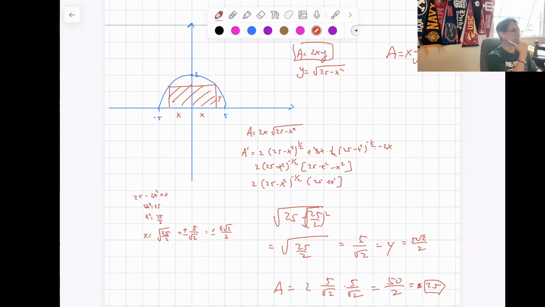Ideally, this 2 right here doesn't really matter. You can divide it by 2 on both sides. That 2 is going to go away. But the problem is when you evaluate the final area, you're going to get only 12.5 rather than 25. So I prefer you set up the equation as 2xy.